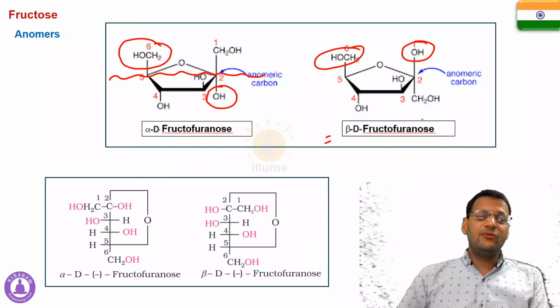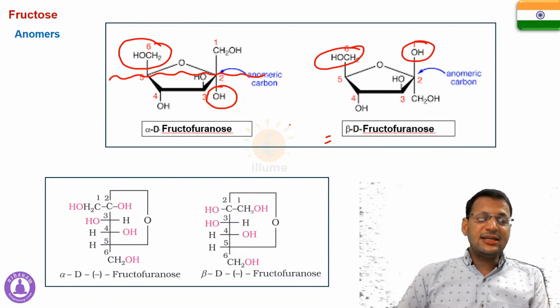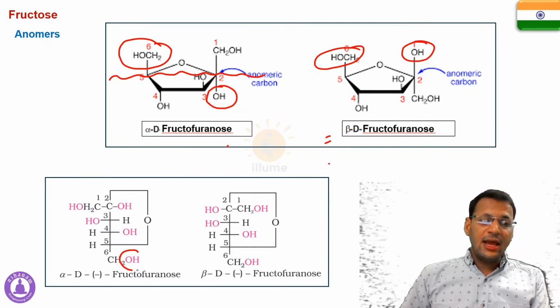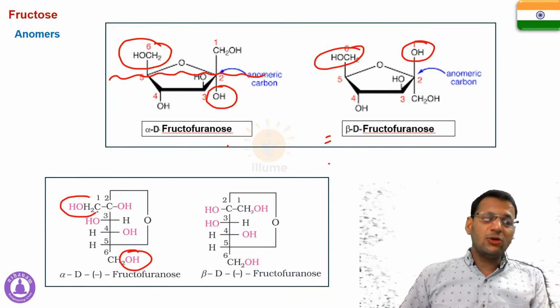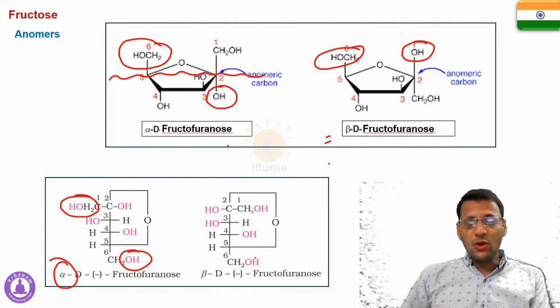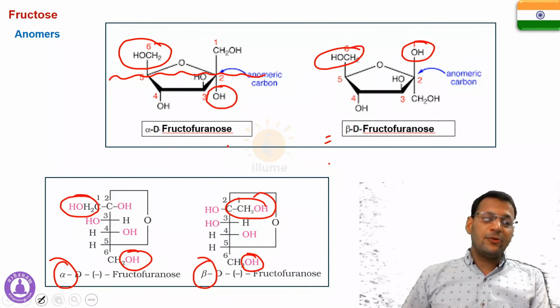Same way, in the hemiketal ring structure, you can appreciate that OH and CH2OH are on the opposite side, so alpha form, and OH and CH2OH are on the same side, so beta form.